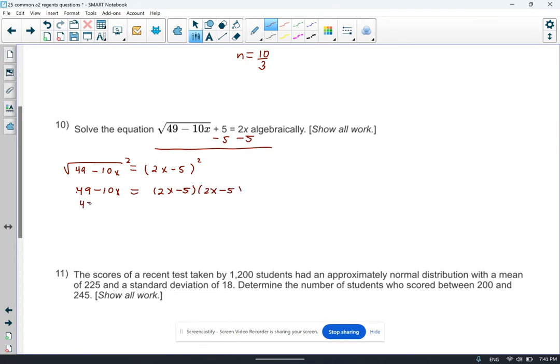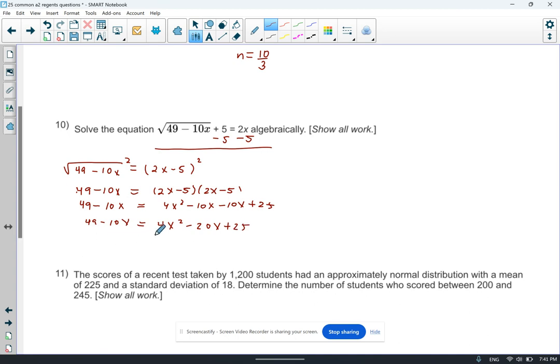So you get 49 minus 10x is equal to 4x squared minus 10x minus 10x plus 25. So 49 minus 10x is equal to 4x squared minus 20x plus 25.